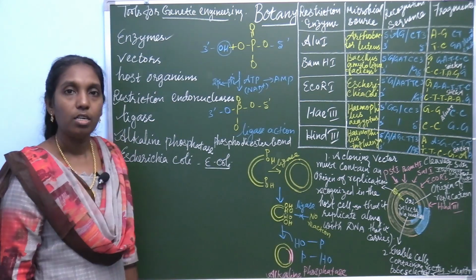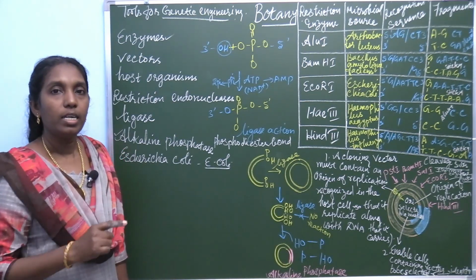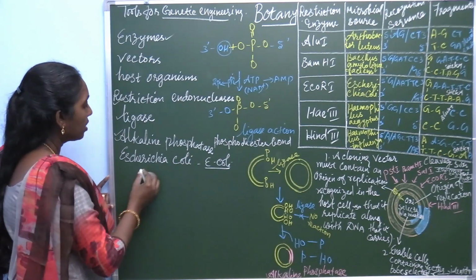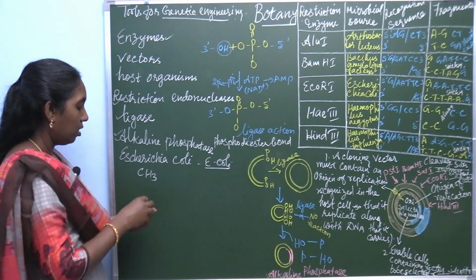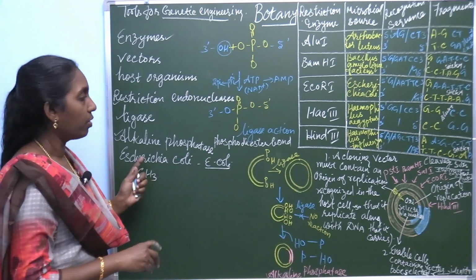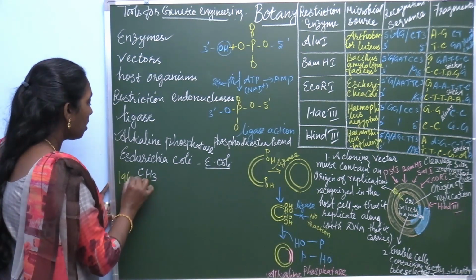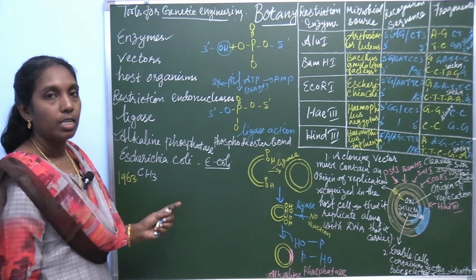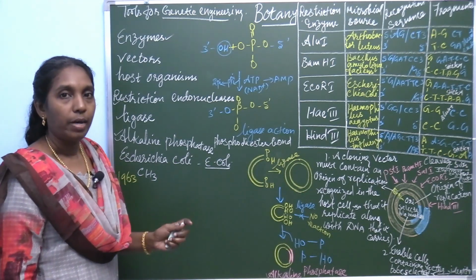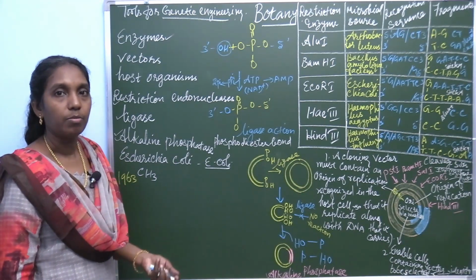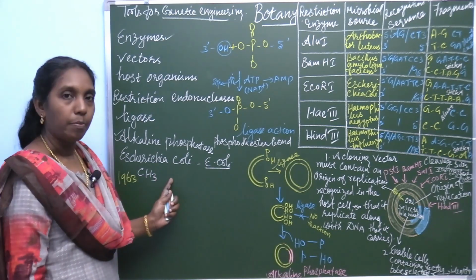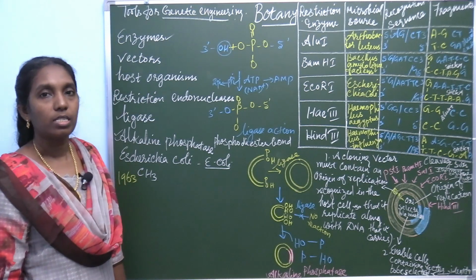One enzyme adds a methyl group, CH3. These two enzymes were discovered in the year 1963 in E. coli bacteria, which is infected by bacteriophage. So in the bacteria certain enzymes are secreted.